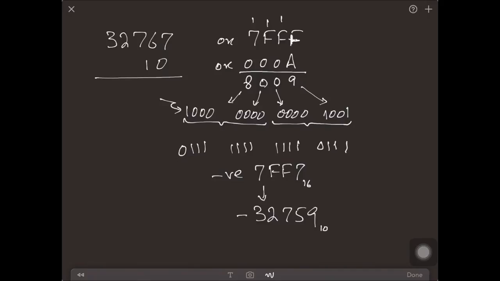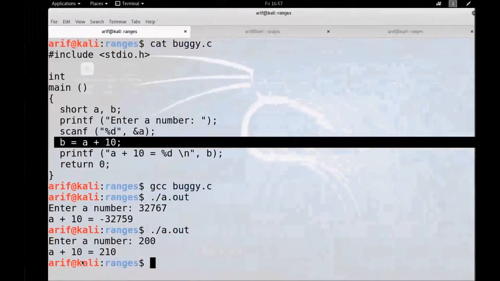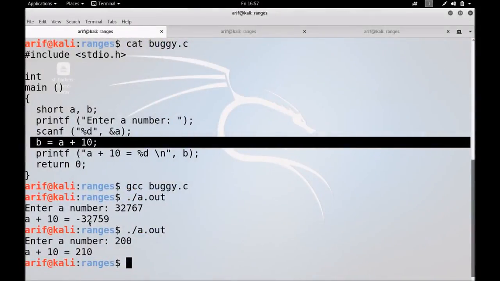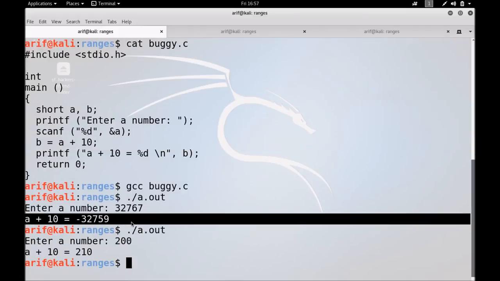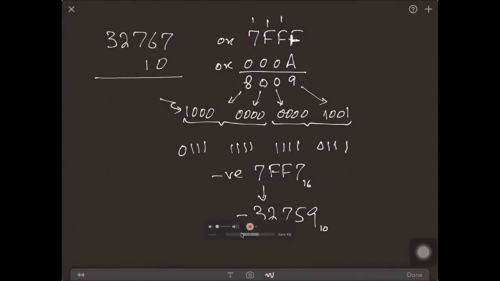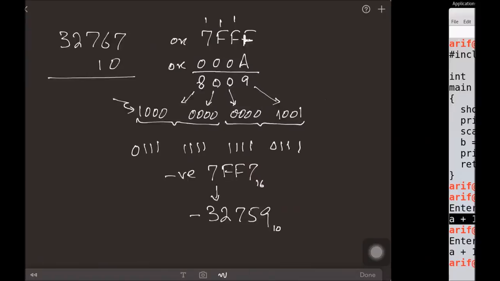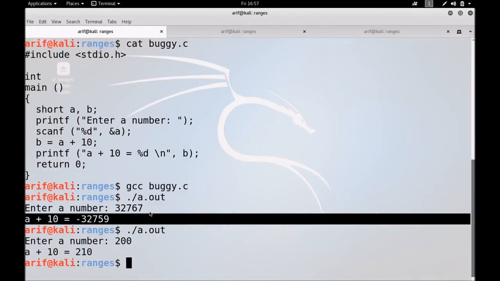And this is what actually the answer that we get once we run this, minus 32759. So this is the same number that we are getting over here. Hope with this brief arithmetic you have come to know the issue, that the issue is things are being overflown.